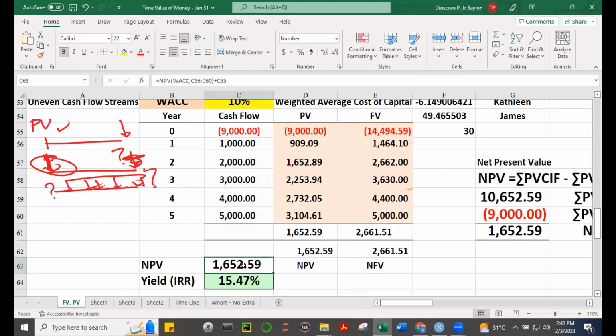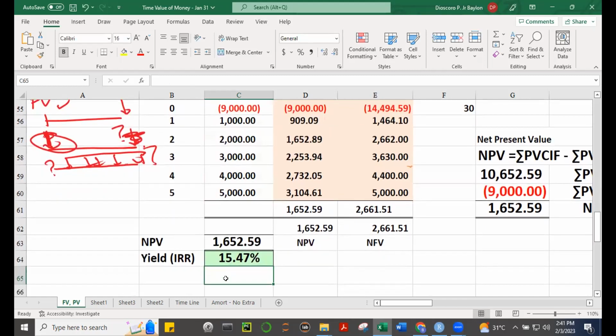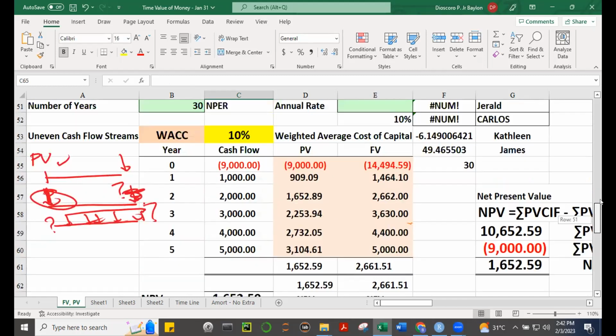Okay, so we got the same results, 1652, 1652. And then we learned how to make use of IRR, the internal rate of return. And here, Excel is correct, including the initial cash flow. The value that we get here, 15.47%, is then compared to the weighted average cost of capital, the cost of capital of the firm.